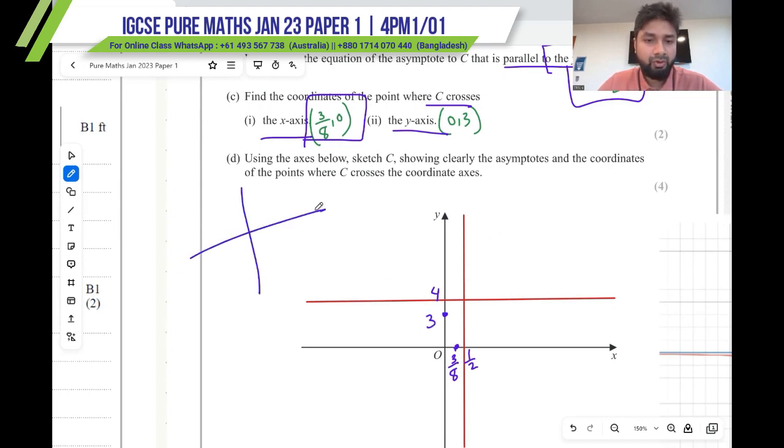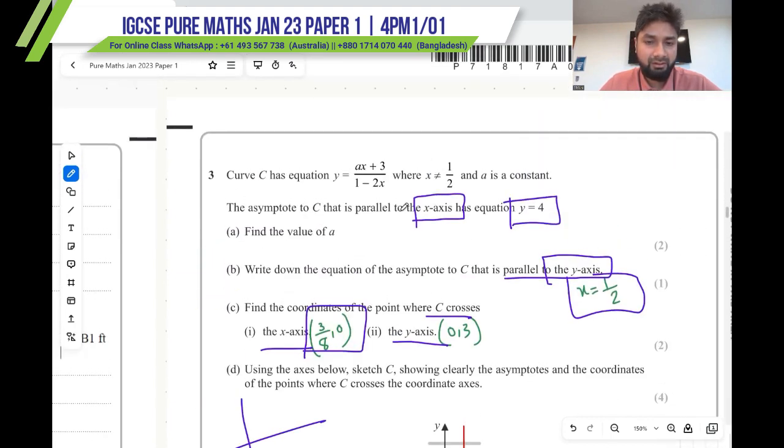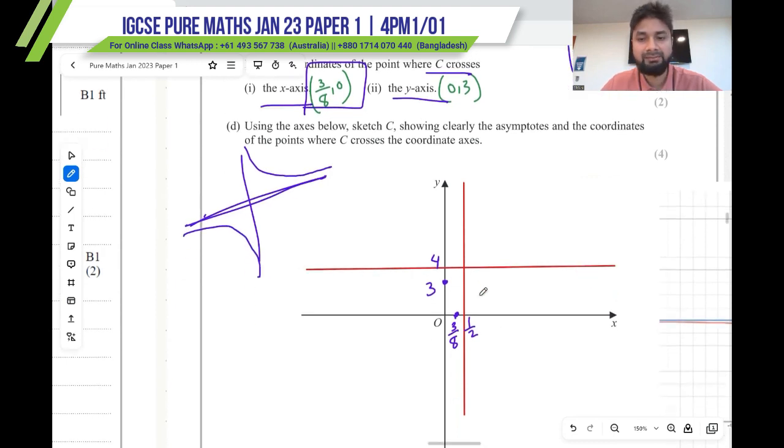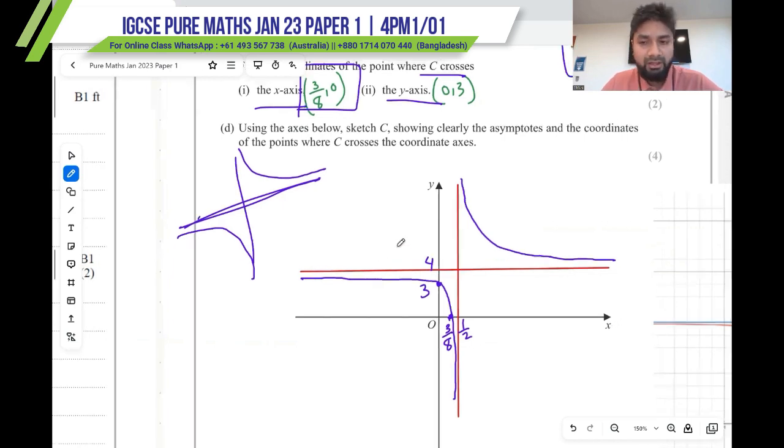Now, to draw this fractional graph, we have to maintain the asymptote lines first. Over here, the asymptote lines are the red lines. Maintaining those asymptote lines, we can draw the graph, which will be something like this. Make sure you never cross the asymptote line and you draw a very smooth line.